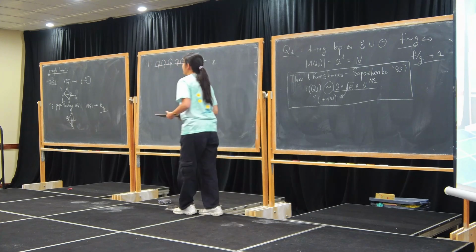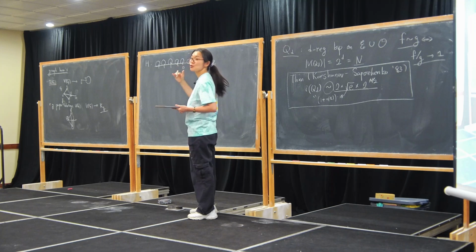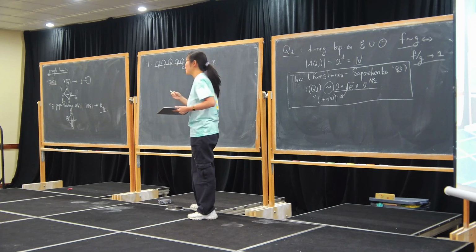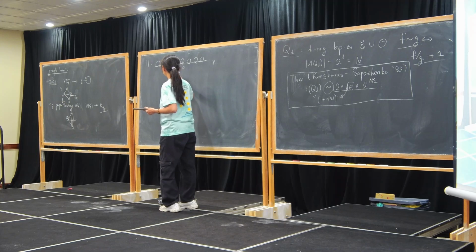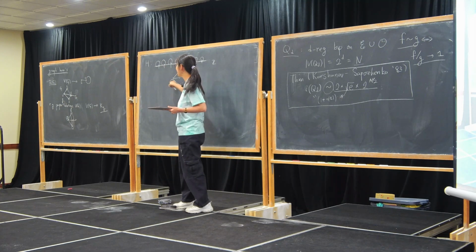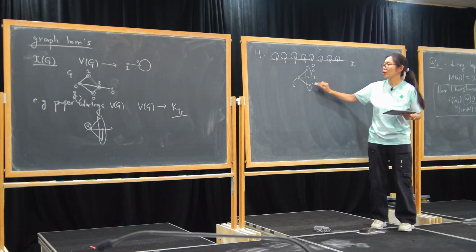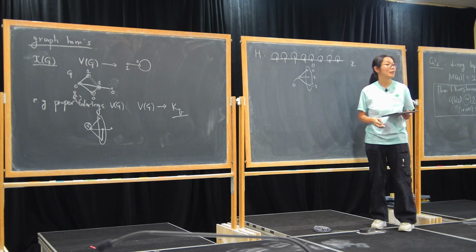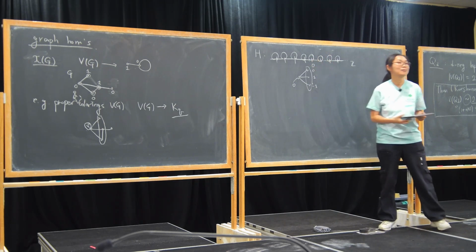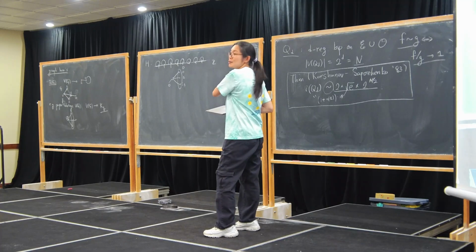Do we see that in this case, a graph homomorphism corresponds to an integer valued one Lipschitz function? Do you see that? This is because, again, if we have a graph like this, and if we assign number 0, for example, to this vertex, then those vertices must be either 0 or 1 or -1, because this 0 is only adjacent to 0, 1, or -1. Okay? So this graph gives us an integer valued one Lipschitz function.